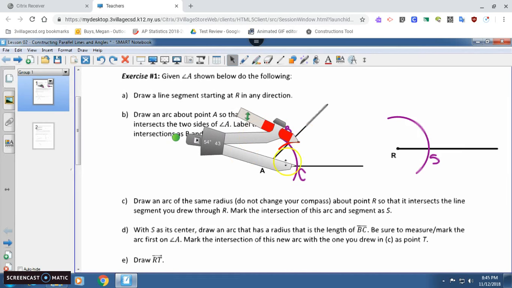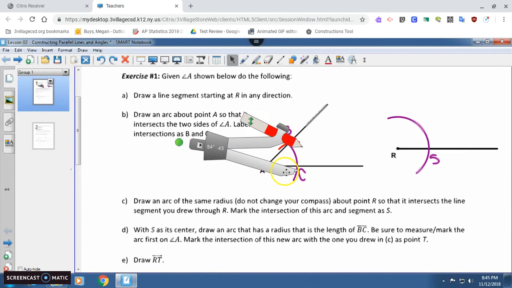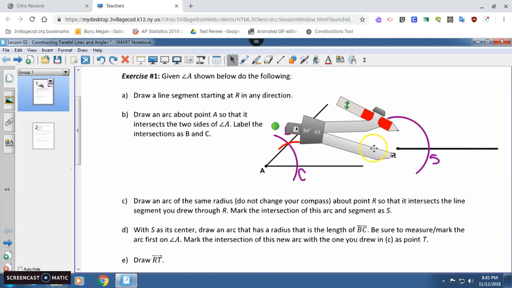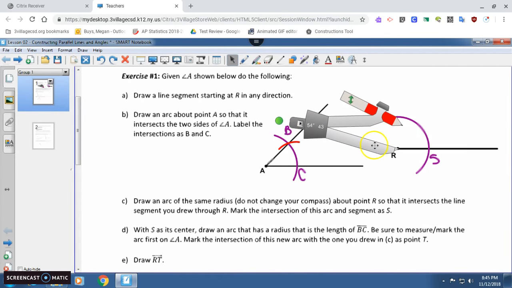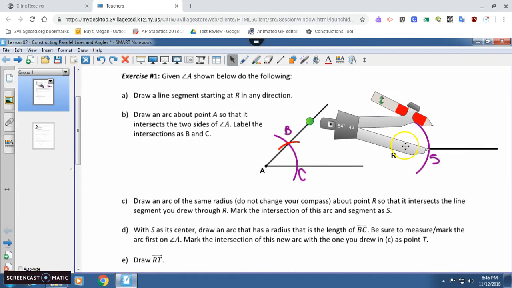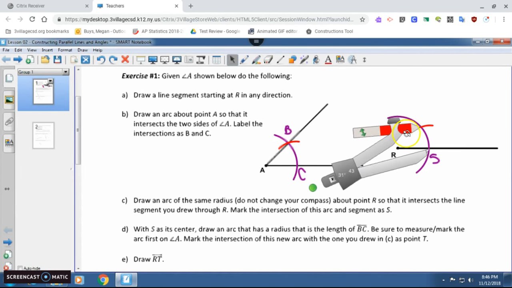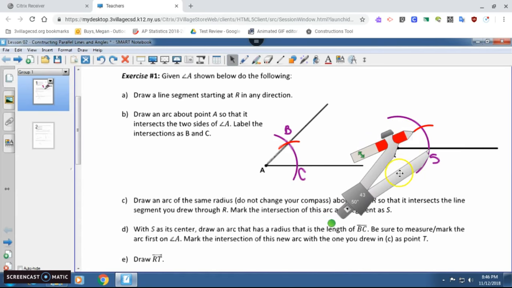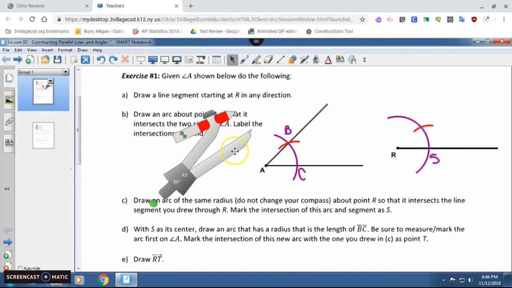Now remember, these arcs shown on the original angle are necessary for full credit, the equivalent of us showing work. And now, that point that we labeled as S, we're going to make an arc from there to make sure it intersects with our newly formed angle.